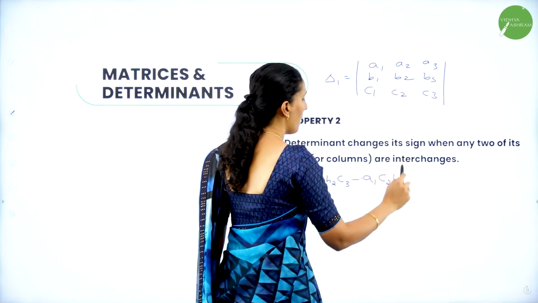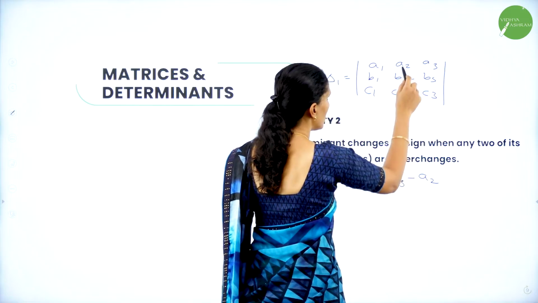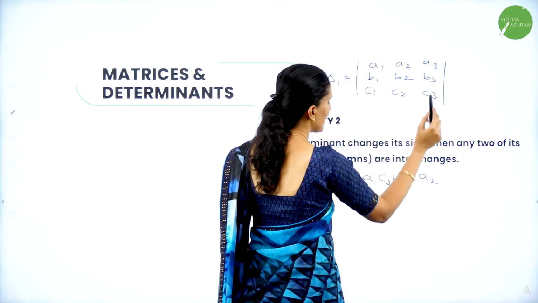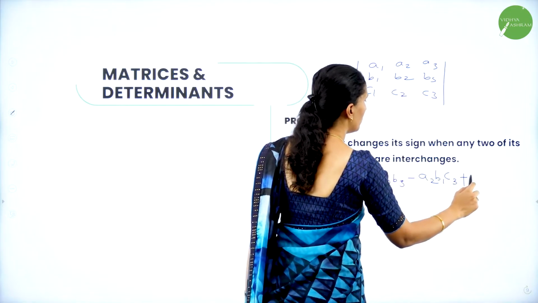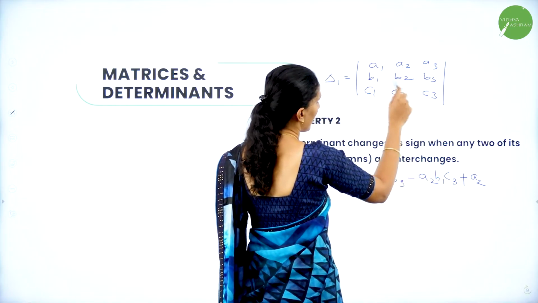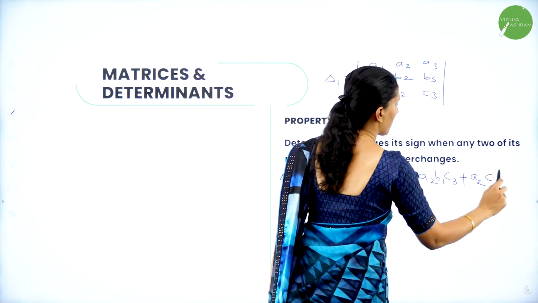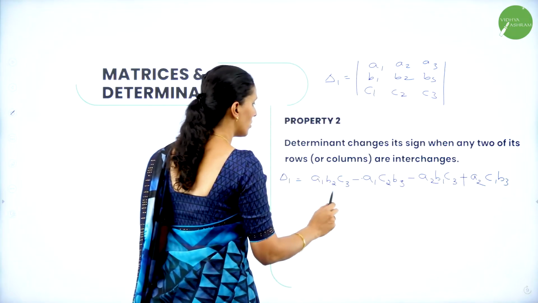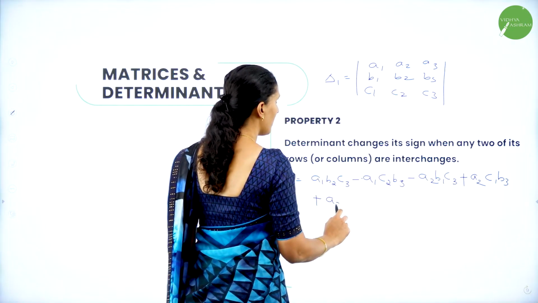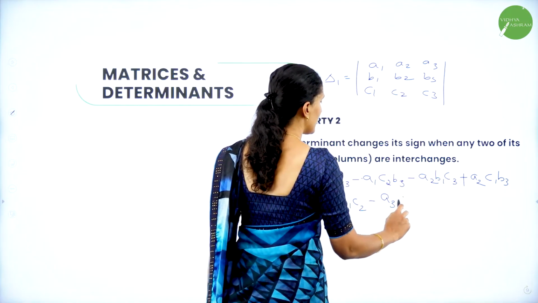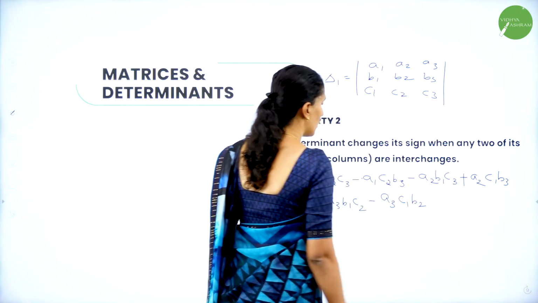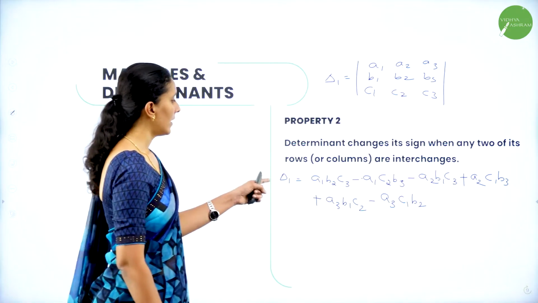Next I have minus A2, leaving the row and column, first B1 C3, plus A2 C1 B3. Next plus A3 B1 C2 minus A3 C1 B2. So this is delta 1.